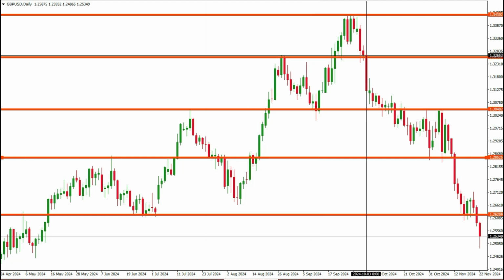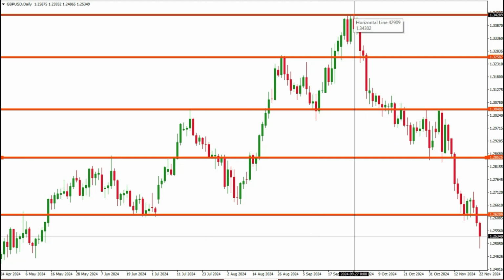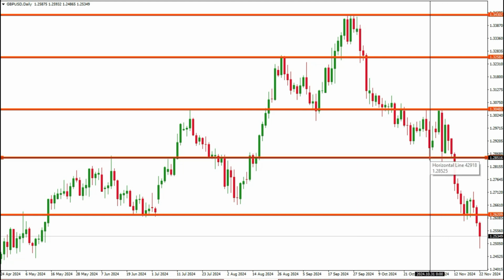Why? Look at this, where we were at the beginning of October, the end of September, level 1.38. Can you imagine that? And if you look, for example, 1 month later, you are at 1.2850. It's almost 600 pips. 600 pips in 1 month. Is this price action?